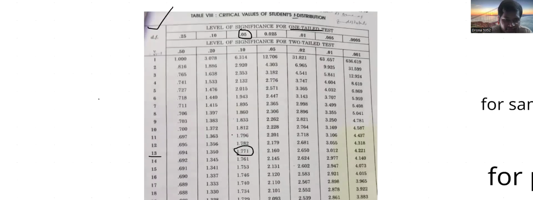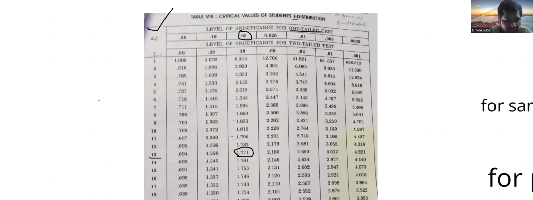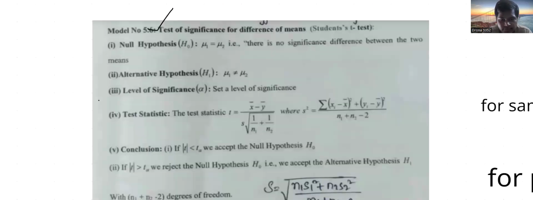Here, the t calculated value is less than the tabulated value, so the null hypothesis is rejected.